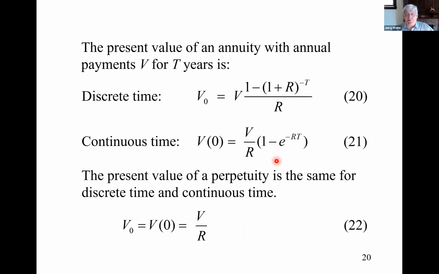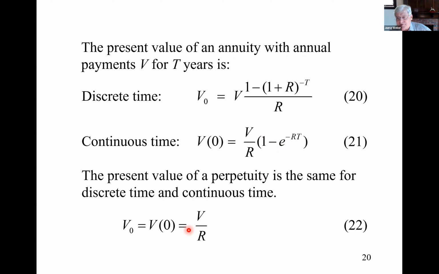So you can also think of a continuous annuity, where every second you get a little bit. So the e appears here. And then the present value of a perpetuity is the same formula for discrete time and continuous time.